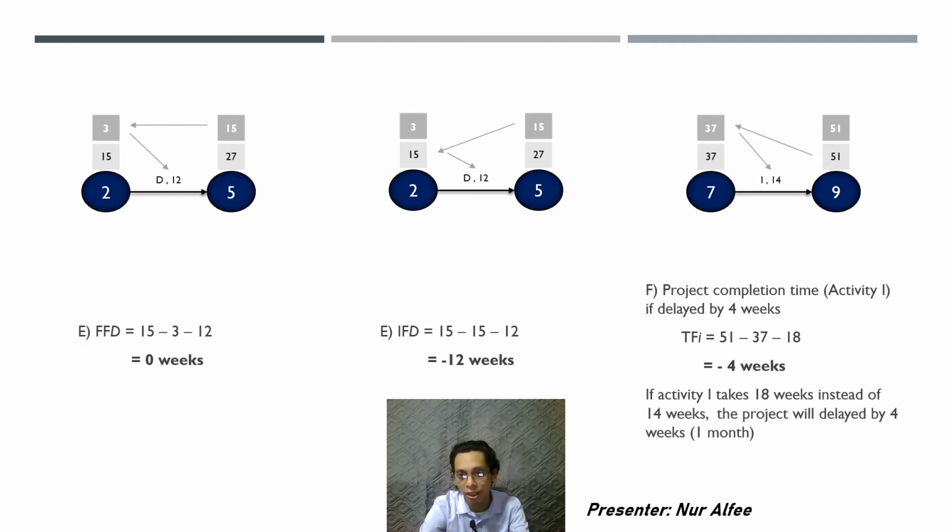The project completion time is delayed if activity I is delayed by 4 weeks. So total float of activity I equals 51 minus 37 minus 18 equals 4 weeks. So if activity I takes 18 weeks instead of 14 weeks, the project will be delayed by 4 weeks, equivalent to 1 month. Okay, that's all from me.